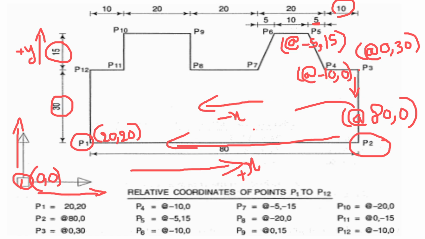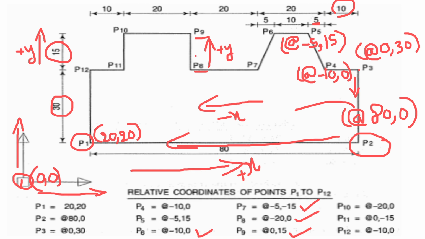In that way, we will locate point 6. You can see that is at the rate minus 10 comma 0, P7 at the rate minus 5 comma minus 15, P8 at the rate 20 comma 0, and P9 at the rate 0 comma 15. From P8 to P9 we will be moving only along the positive y-axis.